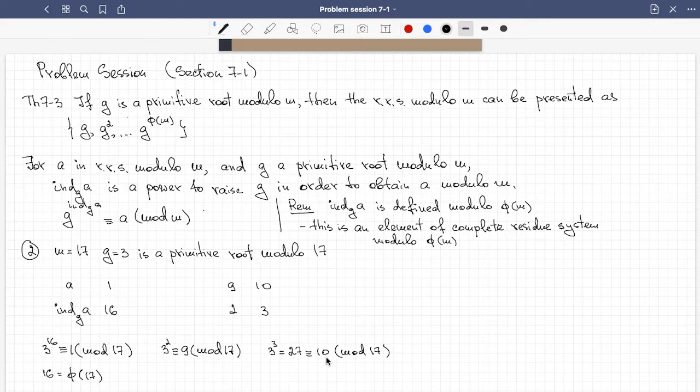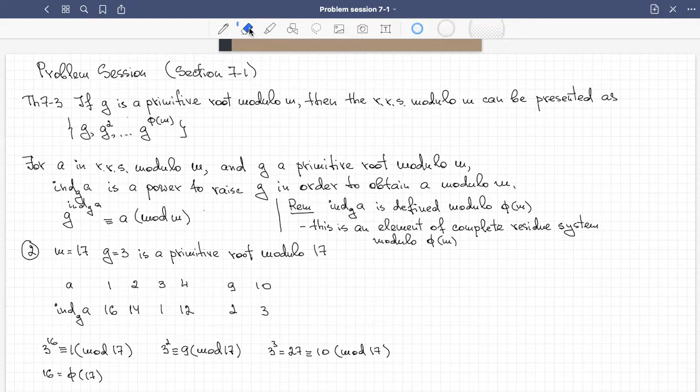Now I will just copy it from the book. 14, 3, 1. This entry is very clear. 3 to the 1, 3, 4, 12, 5, 5.